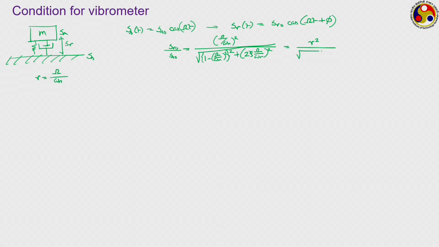R over square root of (1 minus r square) whole square plus (2 zeta r) whole square.